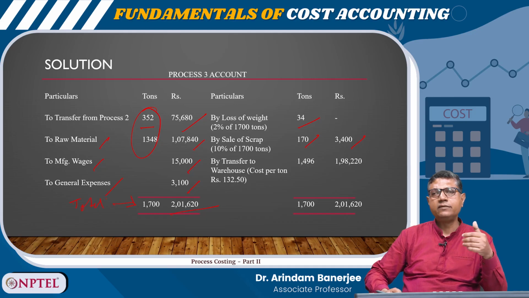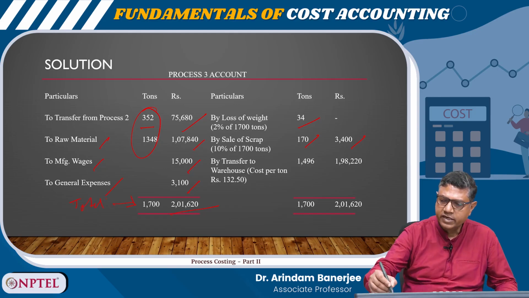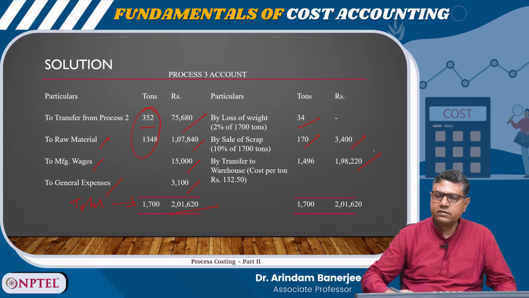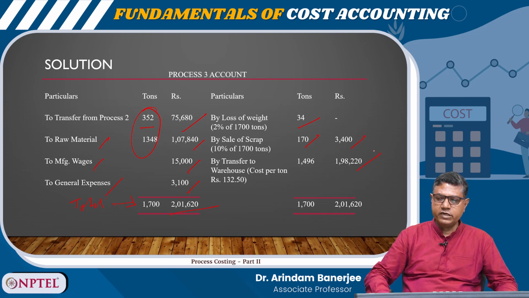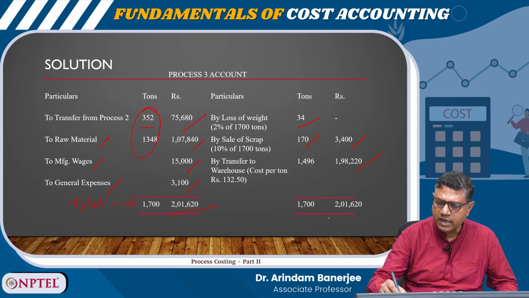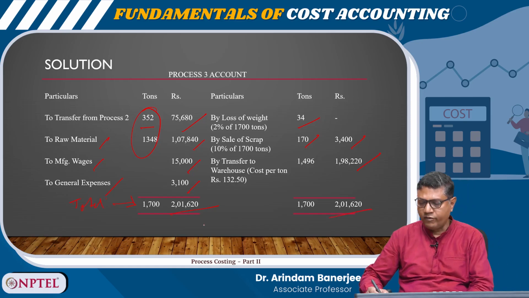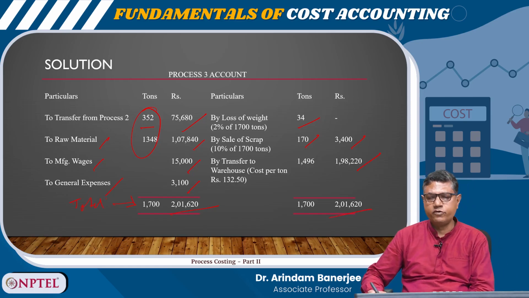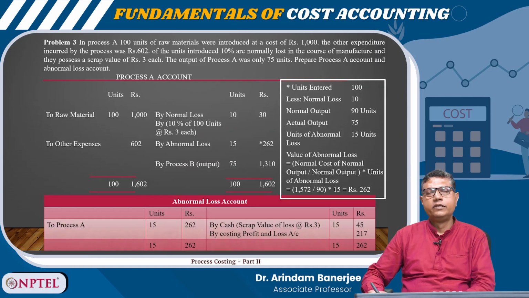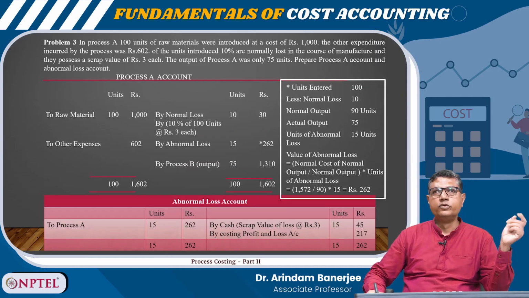Process 3 is the final process, so the final product is transferred to the warehouse. It is coming to 1,98,220, the cost. The total should be equal to 2,01,620. Fine. So this was problem 2.